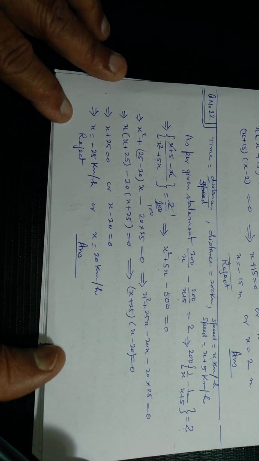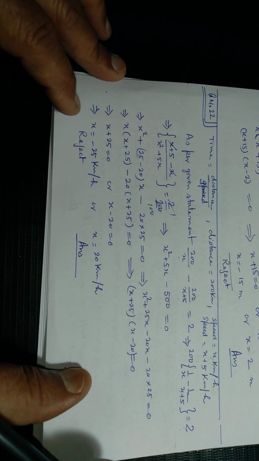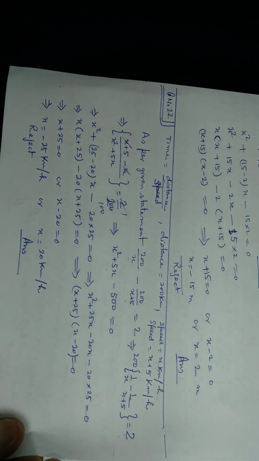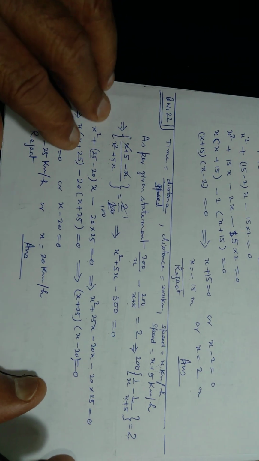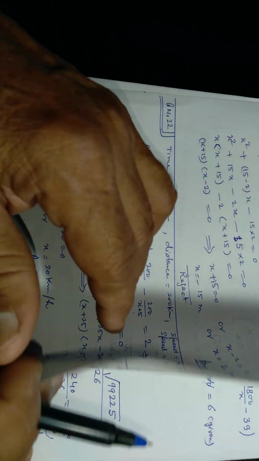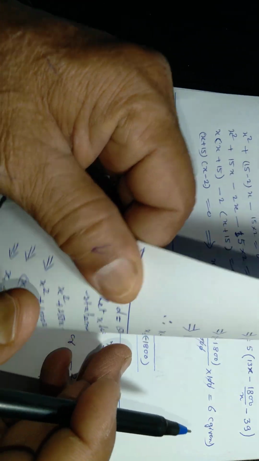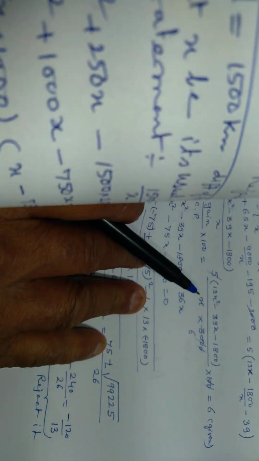Now proceed to question number 23. Question 23 states that an express train makes a run of 240 km at a certain speed.